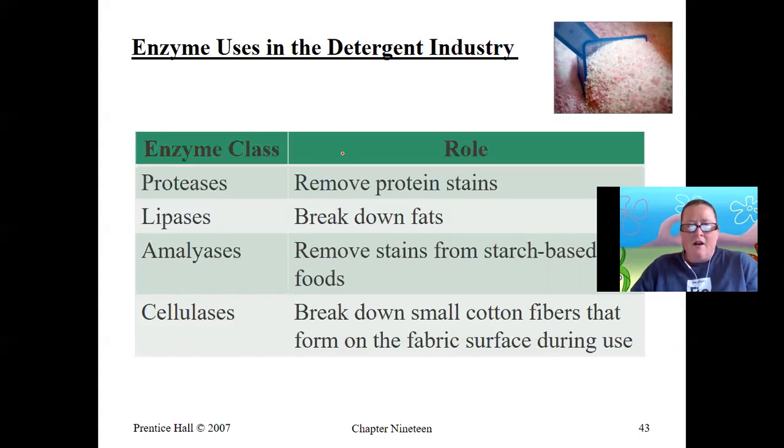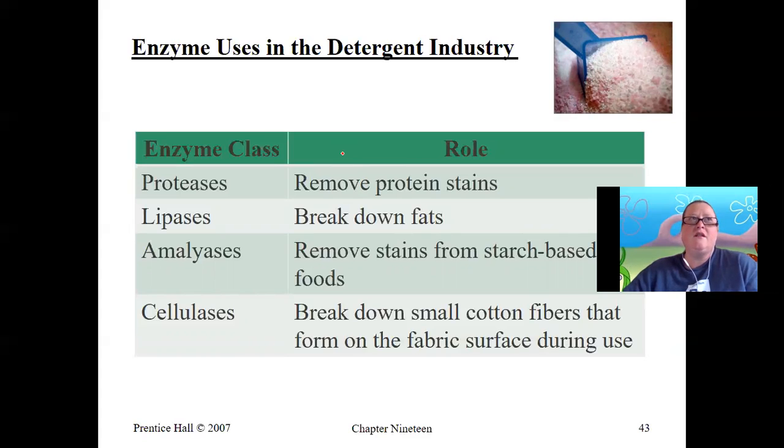And then, cellulases, it's kind of interesting because I just learned this today when I was doing a little bit of research on it, that in our laundry detergents, the cellulases break down small cotton fibers.